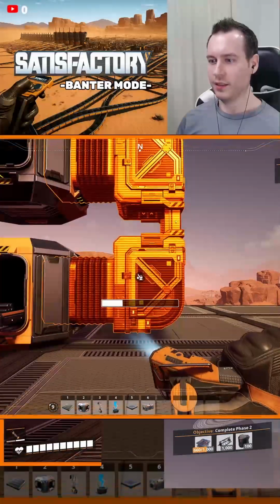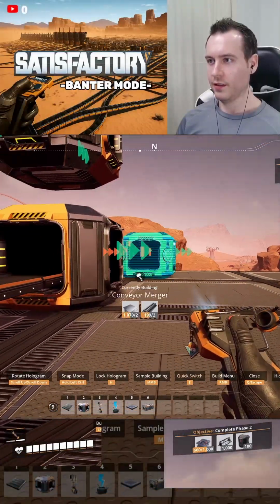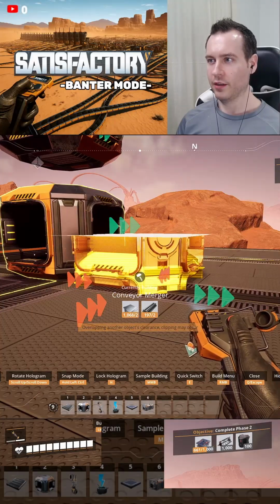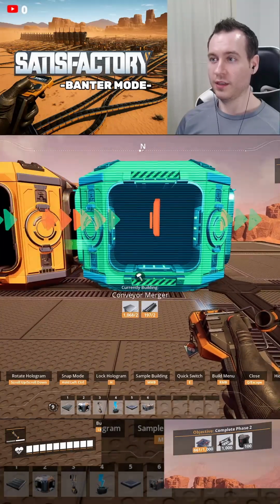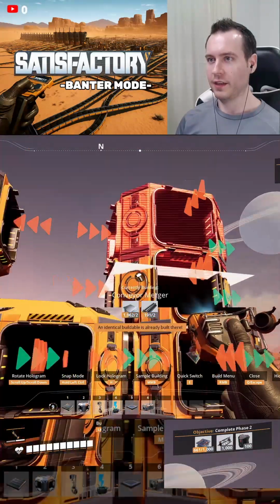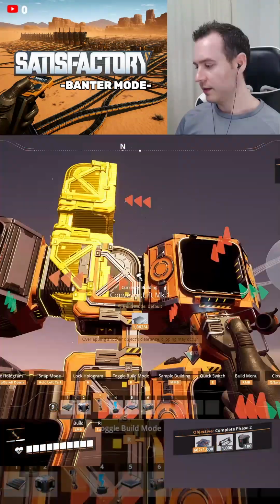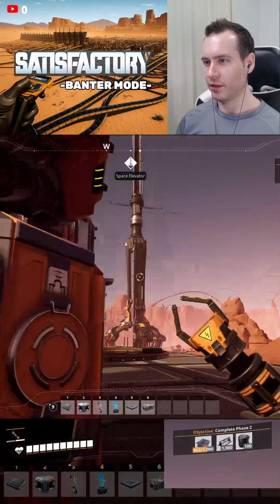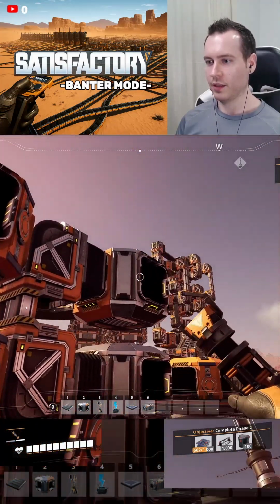Before I do this, let me organize the next merger layer. So first, clipping error here, and then this one is correctly spaced. But then this one will be fed from the second splitter layer. This one will get 1/2, and then the next splitter layer will be fed in from behind.